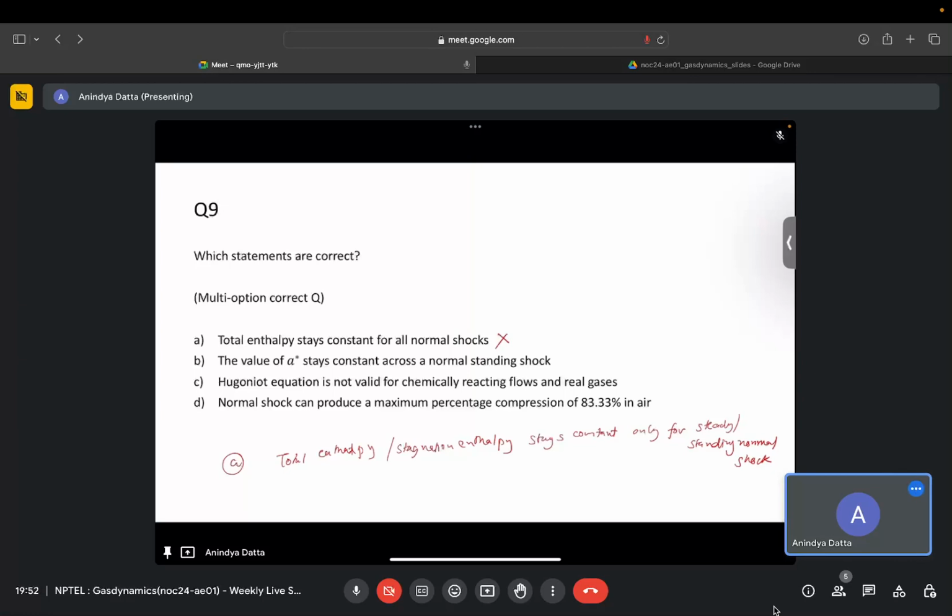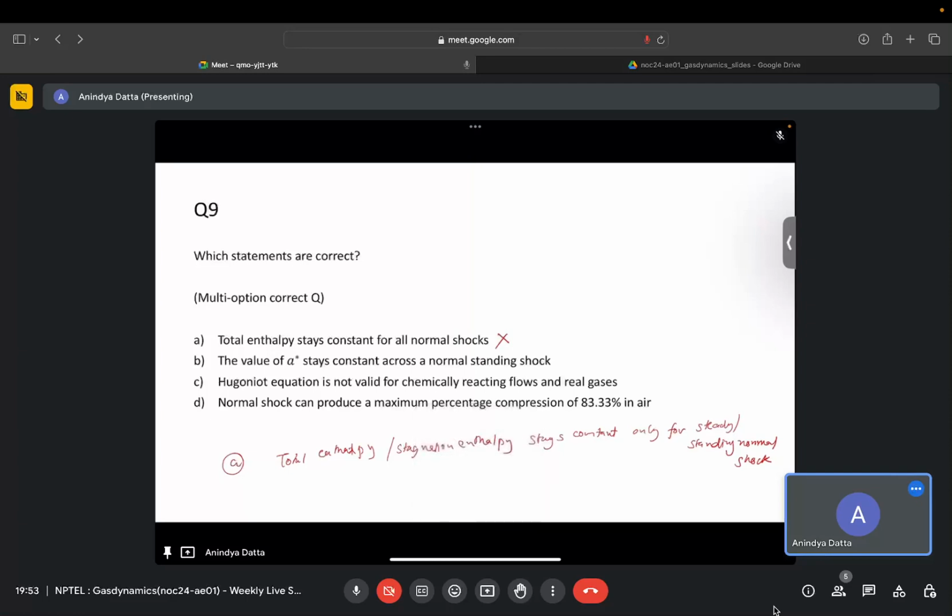Remember when we derived that energy balance, h1 plus half v square is equal to h2 plus half v square, that is the steady flow energy equation. From that we get that the total or stagnation enthalpy stays constant. But here we have an unsteady flow, with the shock moving, so we cannot directly apply that.